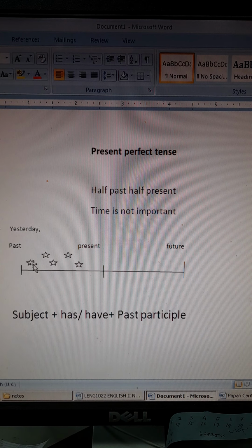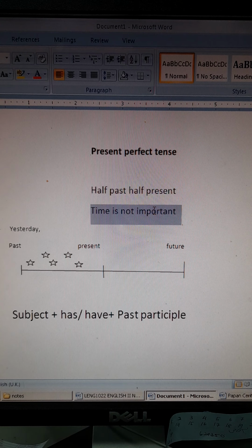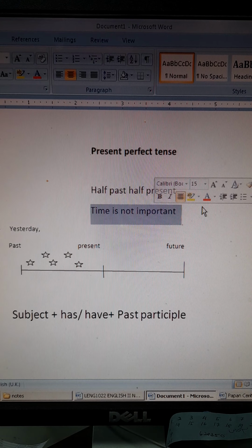But when you are talking about the action here, which is the present, the action is totally completed. Alright, and that's why the next concept is that time is not important.